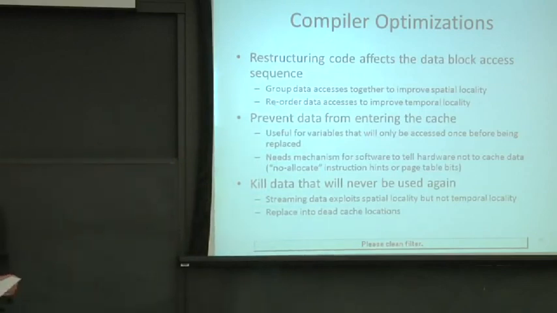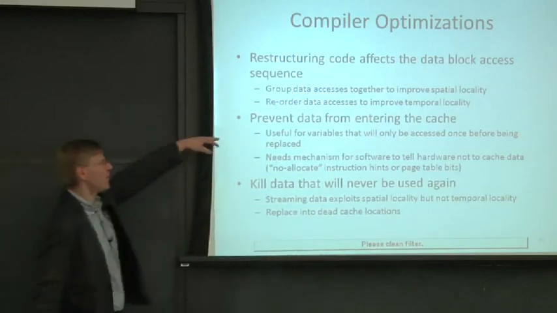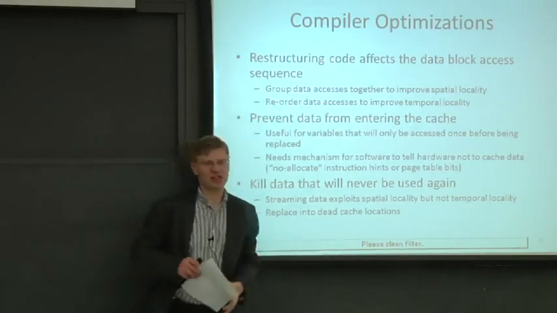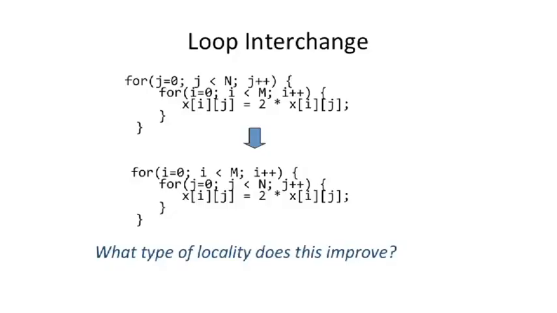OK, so now we get to go to some of the fun software optimization strategies. So let's go to the first one here. I'm going to give you a second to look at this code. Look at the top piece of code first. We have a loop around a loop.